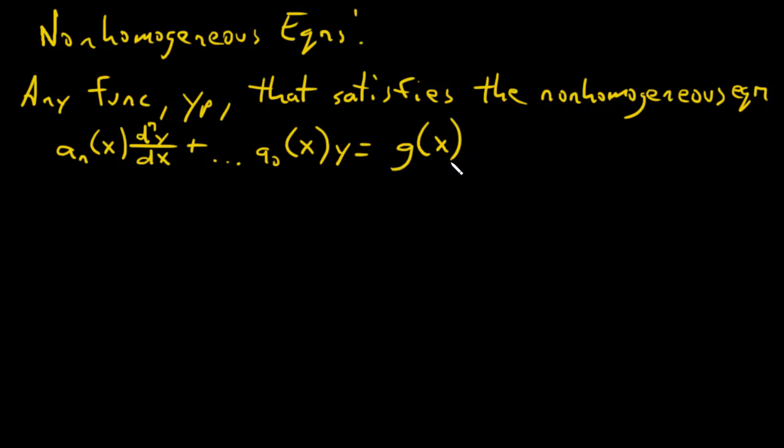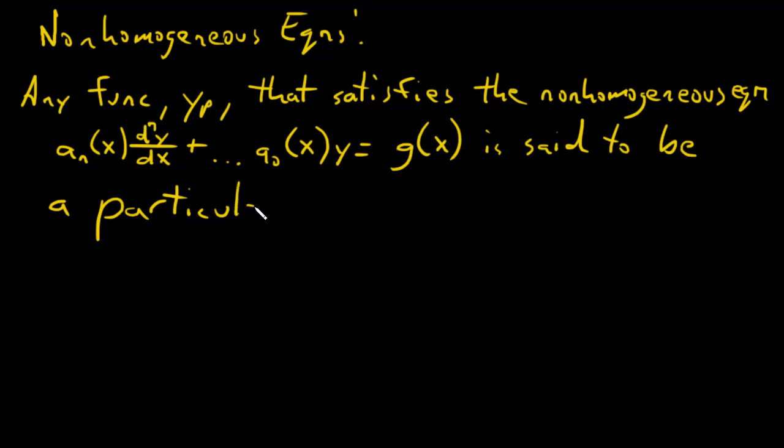Okay, so g of x is not equal to 0. So any function y sub p that satisfies this non-homogeneous equation is said to be a particular solution.